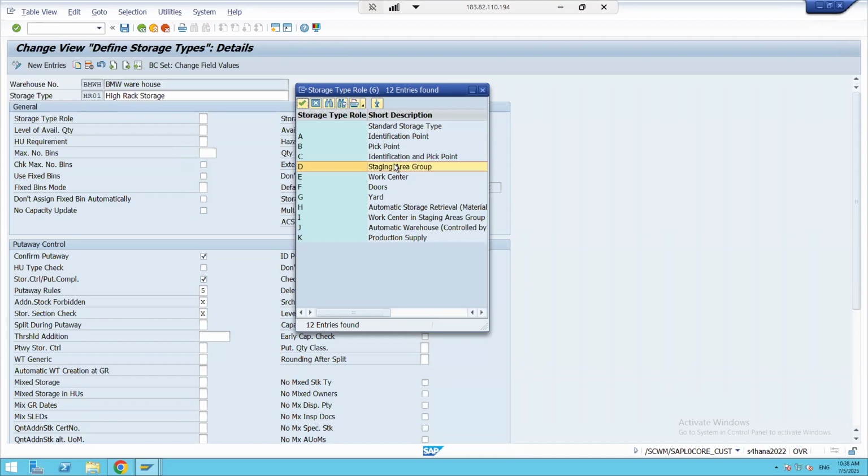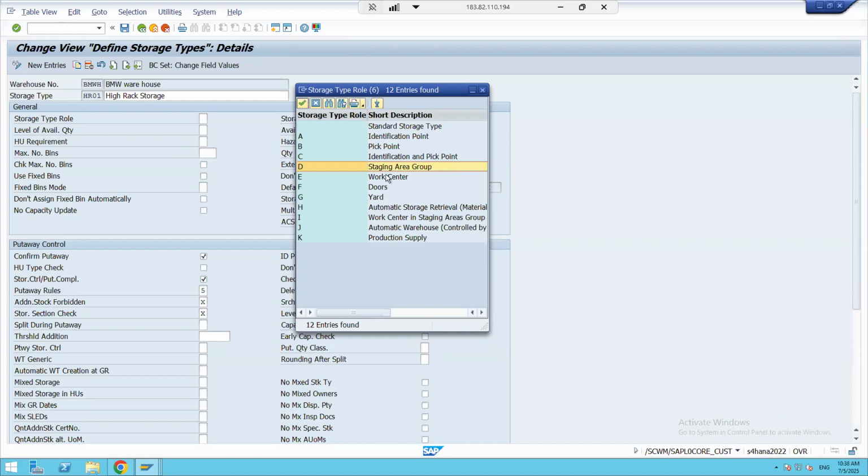What is a staging area group? What is a staging area first of all? Actually, it's a temporary location where the materials are waiting. Your voice is not clear. Sorry. It's a temporary location where the materials are waiting. I understand the point, but a staging area has a different behavior.